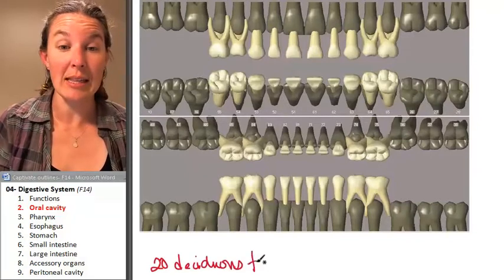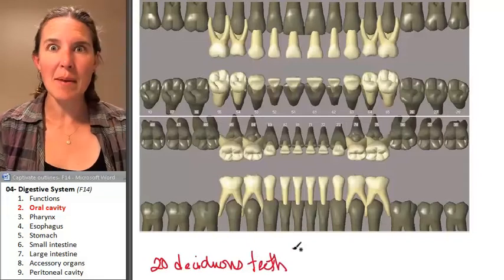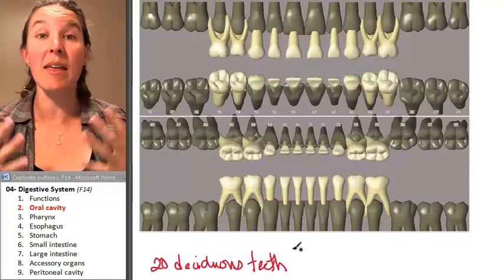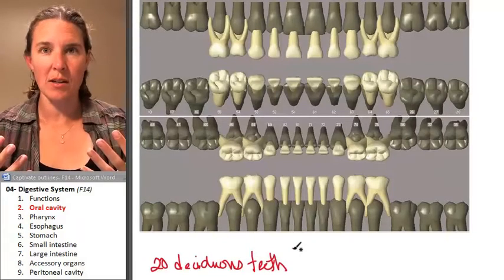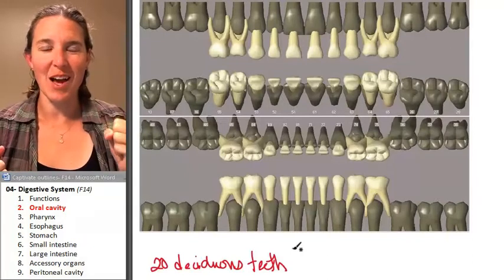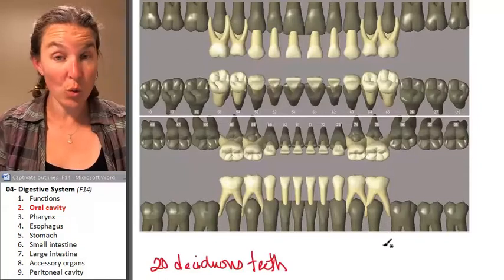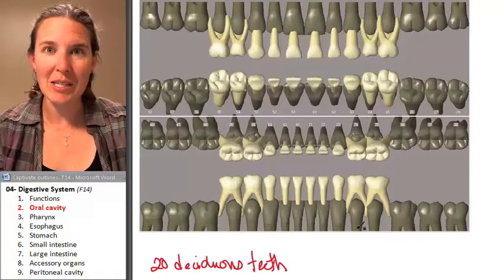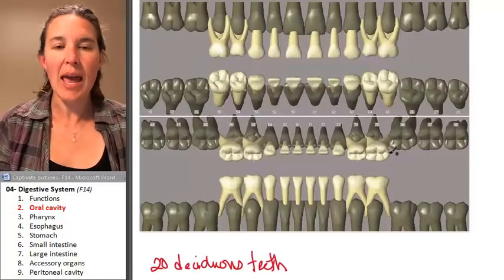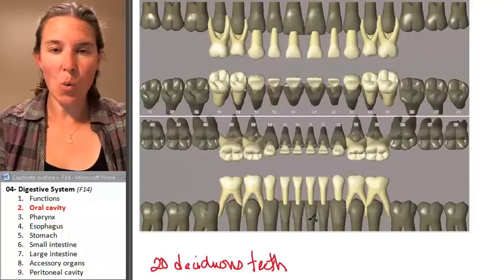Babies ultimately are going to erupt in glorious fun times when the eruptions start happening. They're going to end up with 20 deciduous teeth or baby teeth or milk teeth. And I'm going to show you what those teeth are.